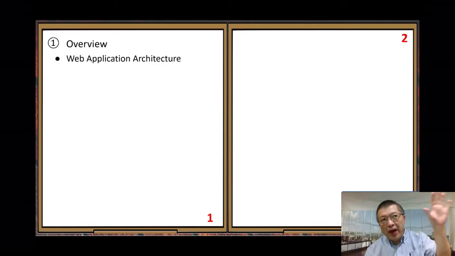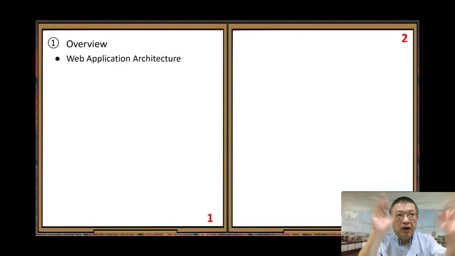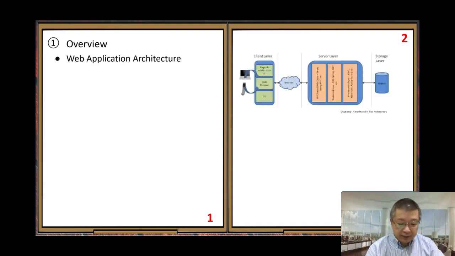So we call that kind of thing architecture, because you need to arrange different components, different technologies, different locations, that kind of well-organized arrangement. So that one, we call it architecture.